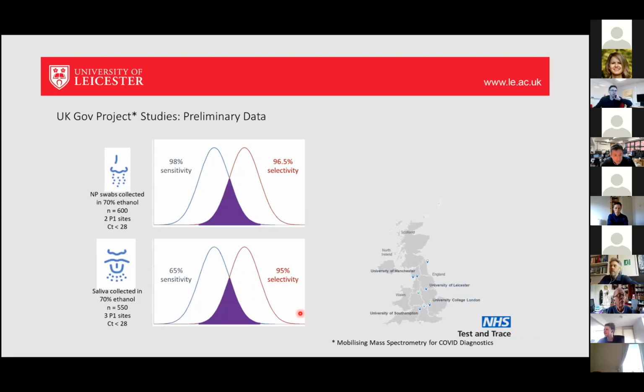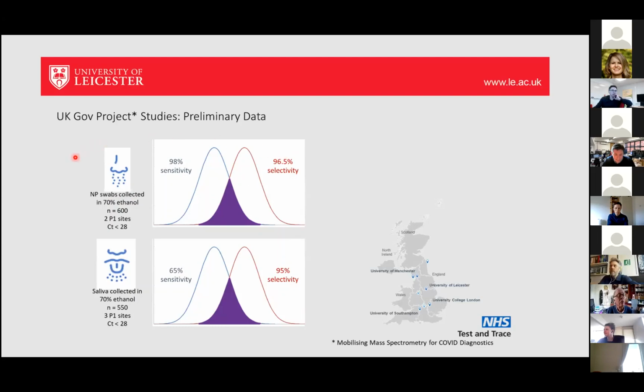So the end result of the UK government project was for saliva, as I say, 65% sensitivity, 95% selectivity. But for the swabs, which was done in Southampton, UCL, they're able to get almost 98% sensitivity, so 98% of all positives they picked up, and almost 97% of all negatives they're able to diagnose.